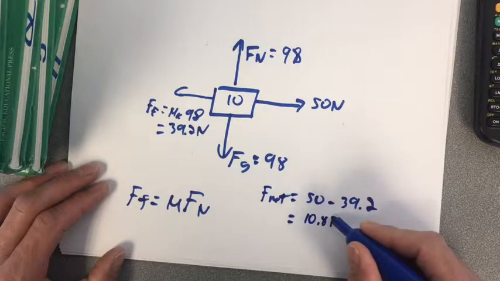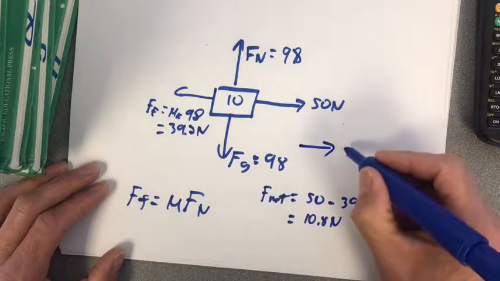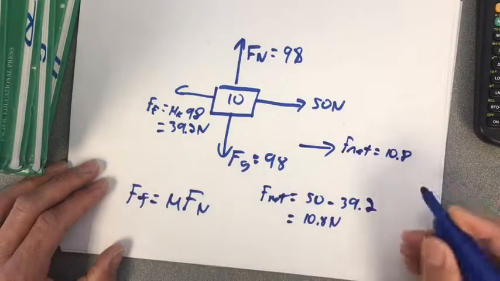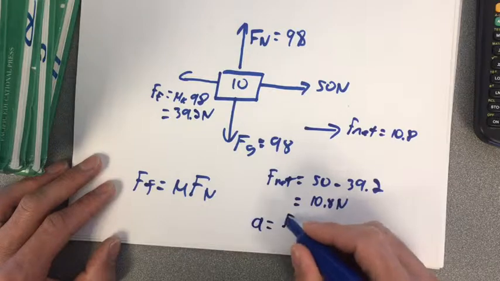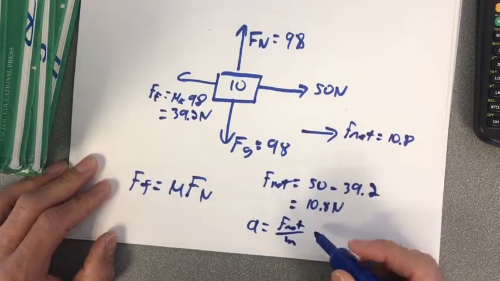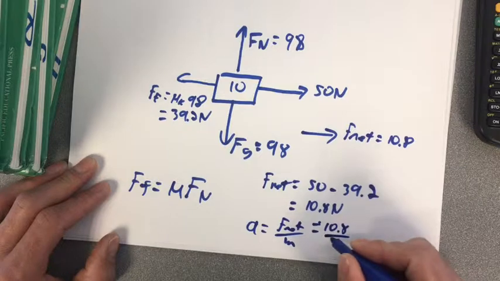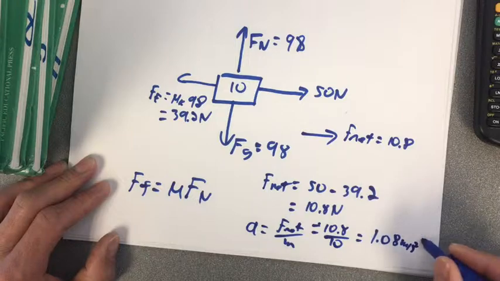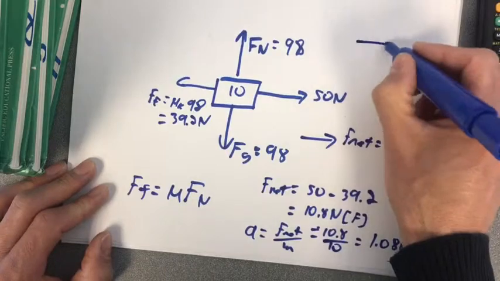So we have 10.8 newtons pulling the block forward. And then the acceleration we'll just divide by 10. Our acceleration is the net force over mass, because F net equals ma. The acceleration is 10.8 over 10, which is 1.08 meters per second squared. And that's forward, right? Because this is forward, if we call that forward.